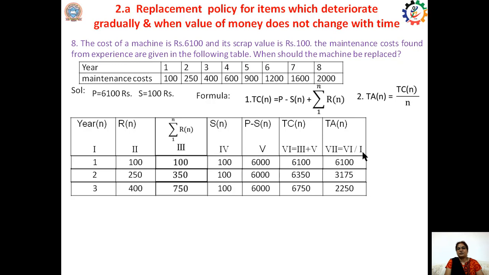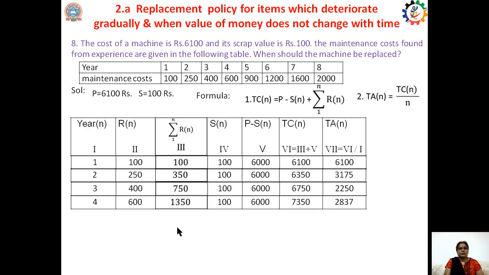Can you make out here the first column value? Move on to the next one. Fourth, N is equal to 4. Now you have to pick the Rn value from here, then add this to the previous value, you get 1350. These two values you pick from the data, S and P minus S, and you will get this.